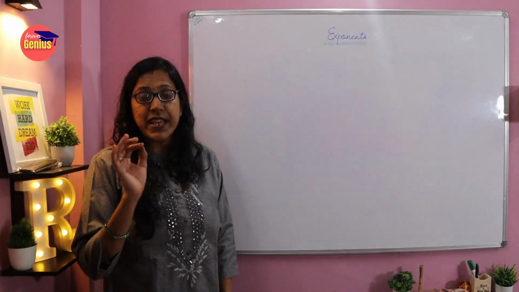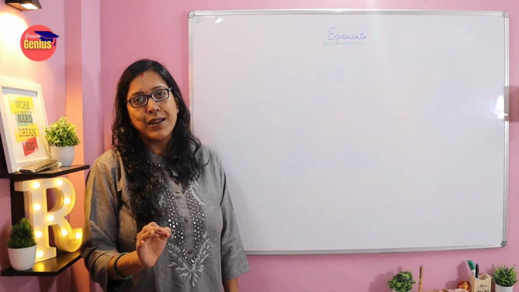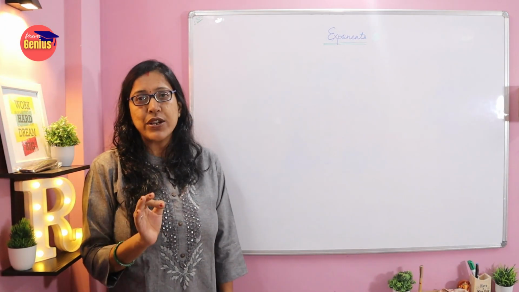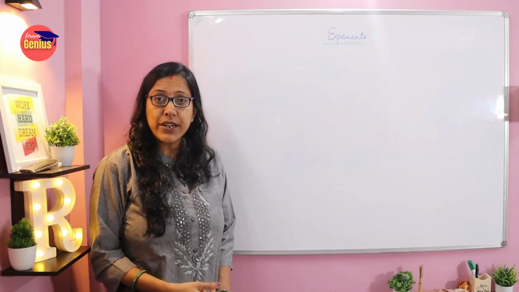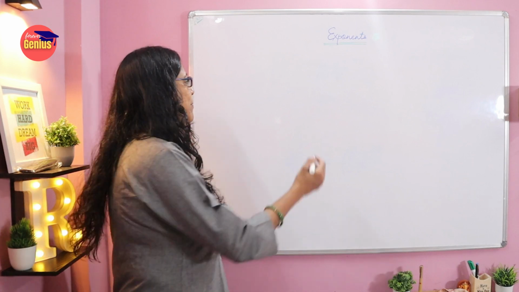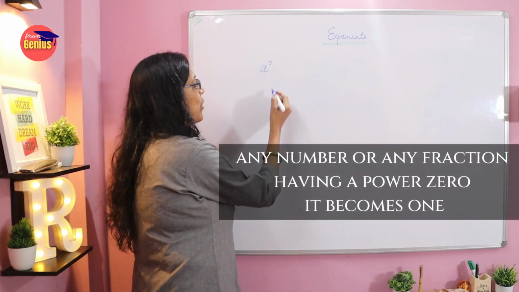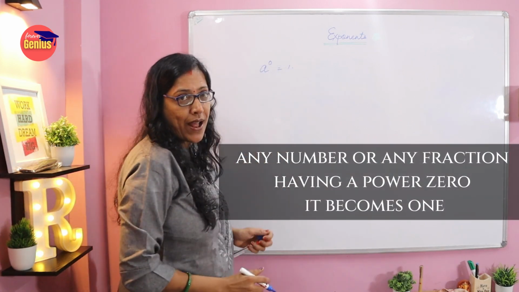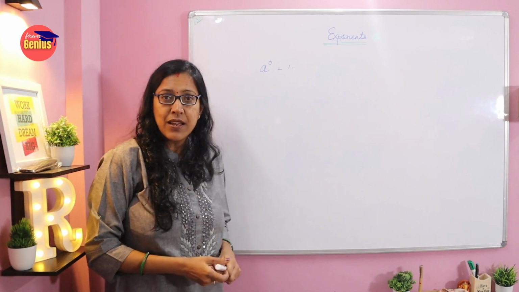One more thing which we should keep in mind while solving the equations of exponents. What is it? If any number or any fraction has a power 0, it becomes 1. Why?